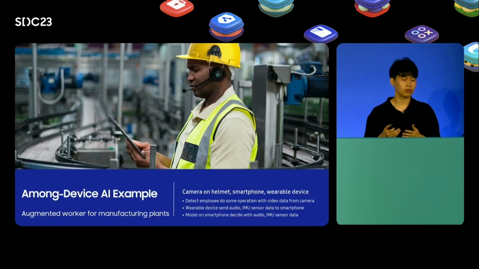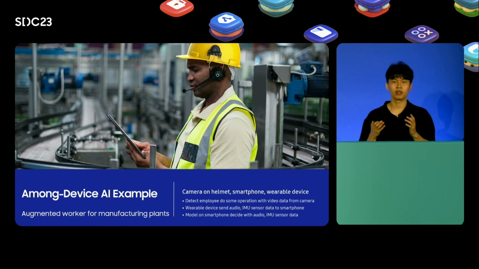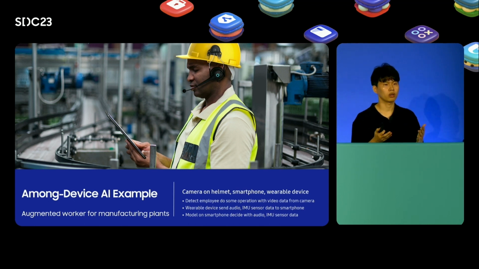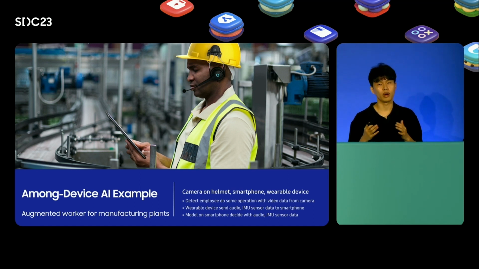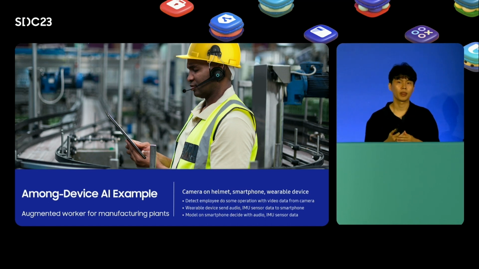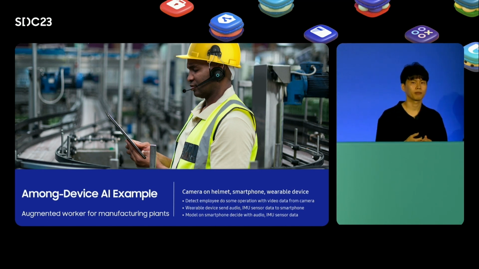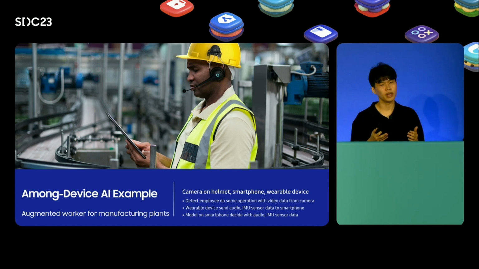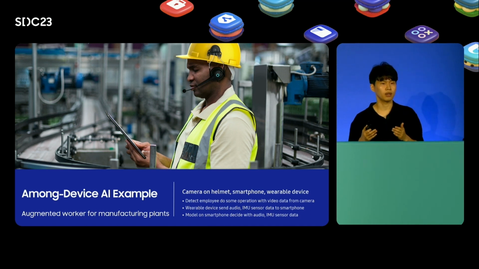So here's an example of how to make an application using NNStreamer. Let's say we want to make an application to help the workers of manufacturing plants. A worker will wear a helmet with cameras on it and connect it to the mobile phone and the wearable device. So the total process will be as follows. First, the camera on the helmet will send the video stream data to the mobile phone.